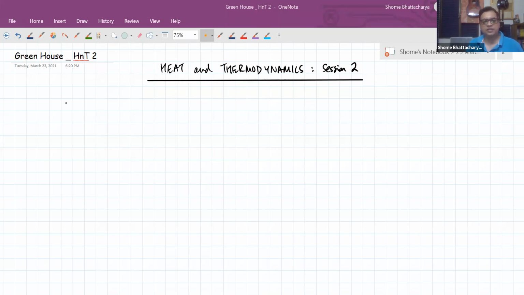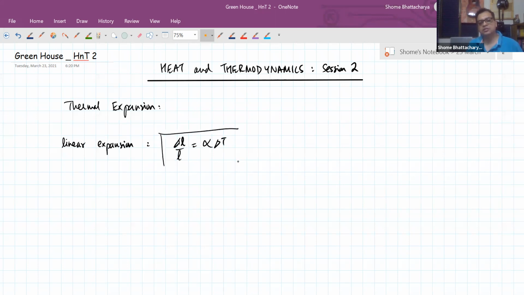So thermal expansion was the property that we had started with. And we had seen that linear expansion is given by the simple formula that fractional change in length is equal to coefficient of linear expansion multiplied by temperature change.